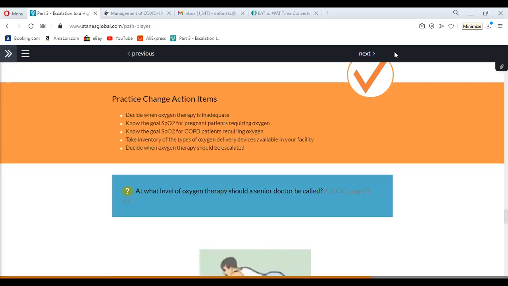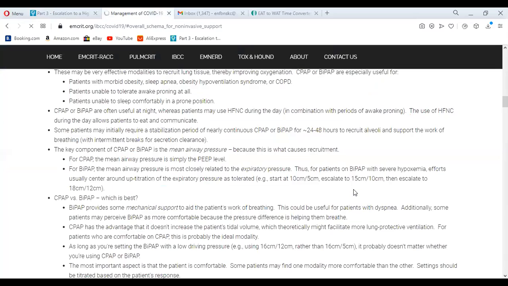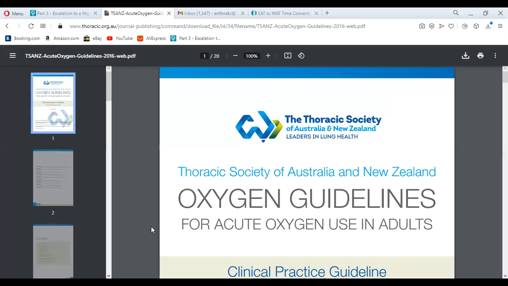Okay. Oh, Dr. Salim, I think we have some responses. Okay. All right. Thank you. Once a patient requires a mask instead of a nasal cannula, then at that point, one should consider calling a senior person, because escalation of oxygen therapy largely depends on the available resources. So it's good that we have an inventory of the oxygen delivery devices so that we can know whether we can improve the patient's care.